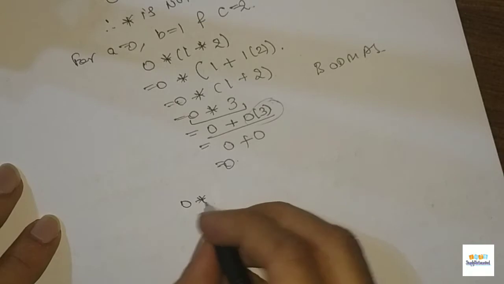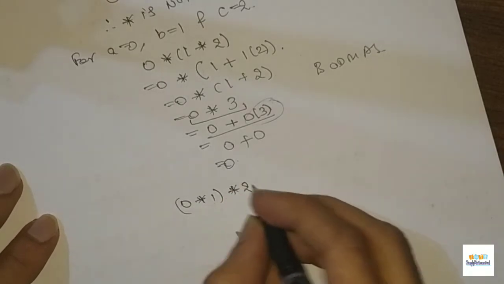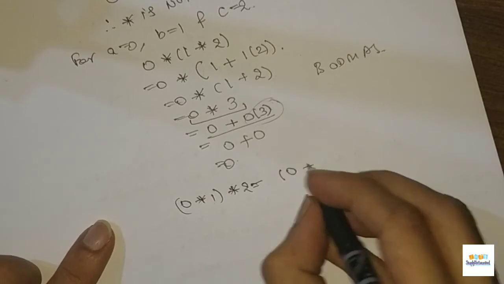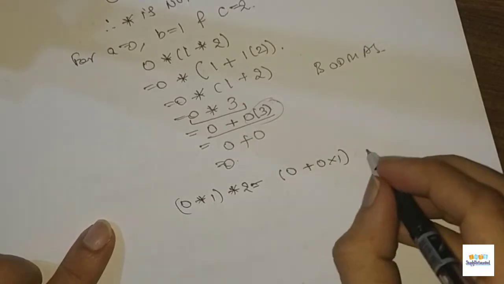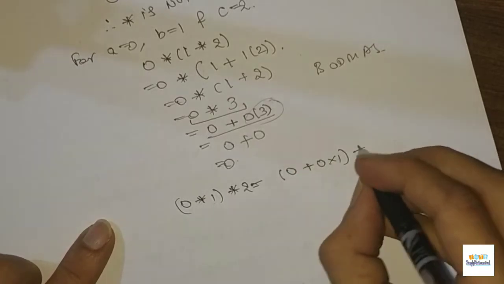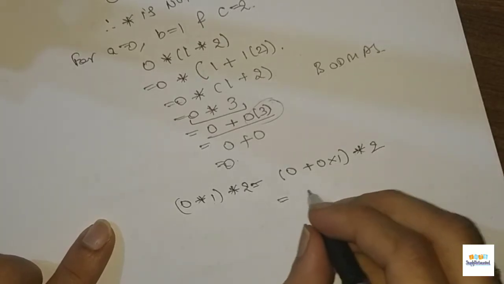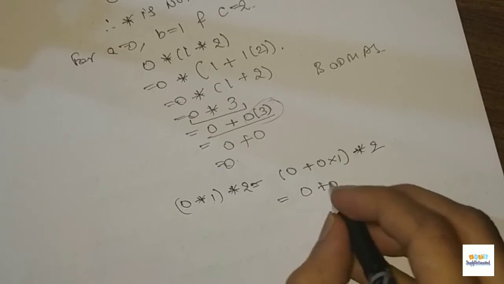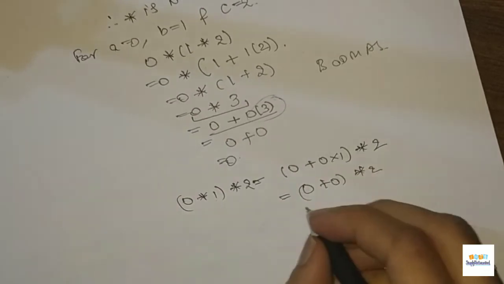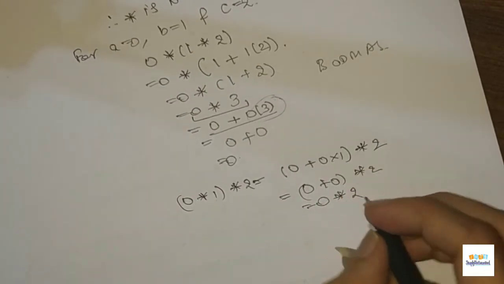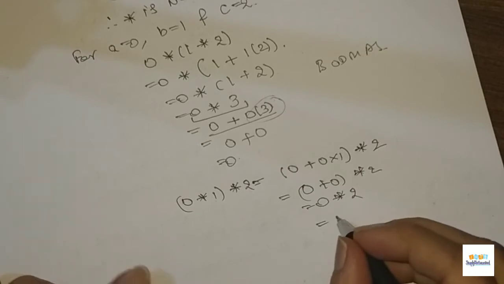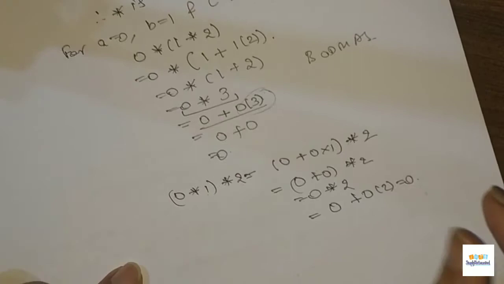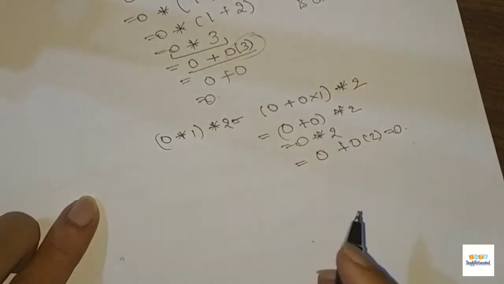Now let us take bracket 0 star 1, star 2. 0 star 1 will be 0 plus 0 multiplied by 1, star 2. Here you will get the same thing, 0 plus 0, star 2, which is 0 star 2, which is nothing but 0 plus 0 multiplied by 2, which is 0. We are getting the same thing because we have taken 0 here.